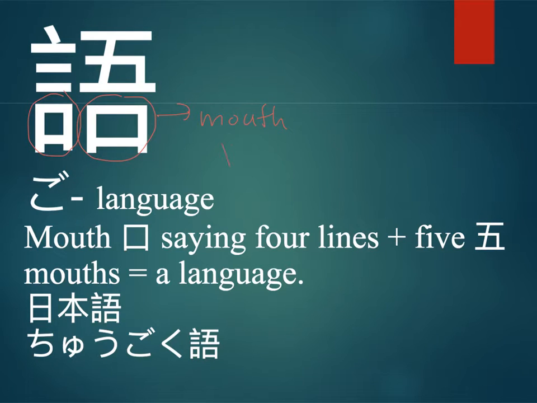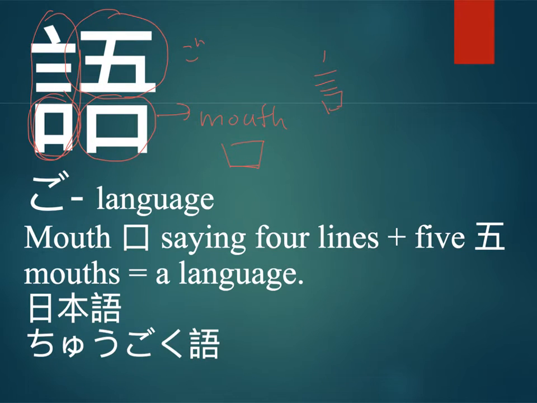So by itself, this is the kanji for mouth. It's read kuchi. Now this part right here means 5. This is go in Japanese. That's the kanji for 5. This actually is the whole radical, not just this bottom part here. And this radical means to say.